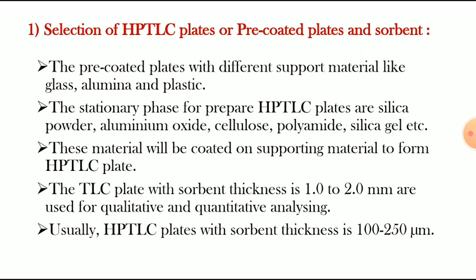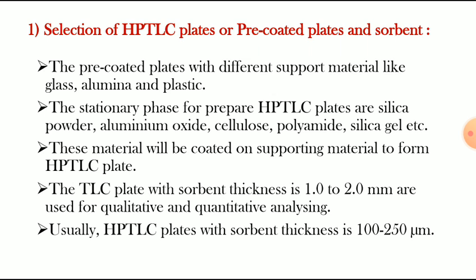Usually, HPTLC plates have a sorbent thickness of 100 to 250 micrometer. This is the thickness of the sorbent material on a high performance thin layer chromatography plate.